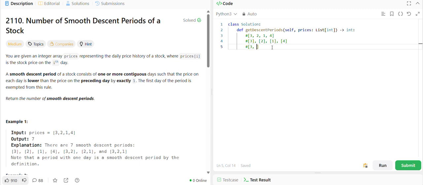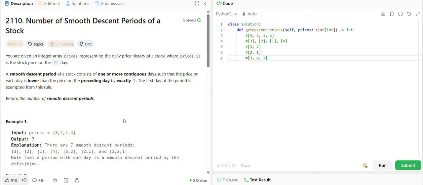Then there is 3, 2 because 2 is lesser than 3 and they are consecutive as well and their difference is 1. Similarly 2, 1 and 3, 2, 1. So now count: 1, 2, 3, 4, 5, 6, 7, and the output is 7. So that is the question.